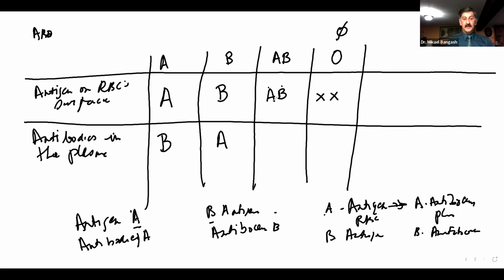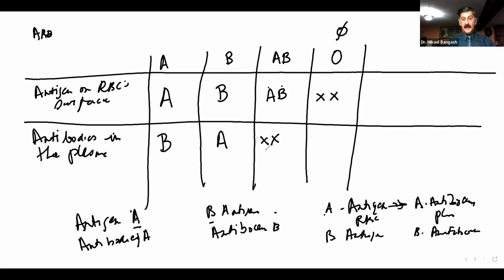So if the person here had either of these antibodies in the plasma, they would react against the antigens that he or she had on the surface of the red blood cells. Did that make sense?